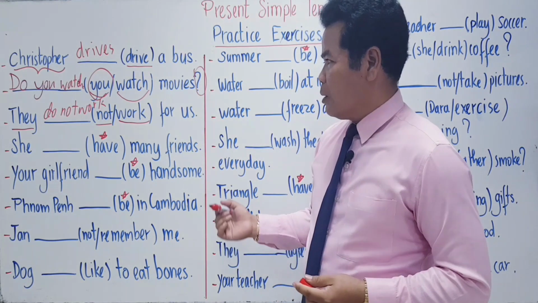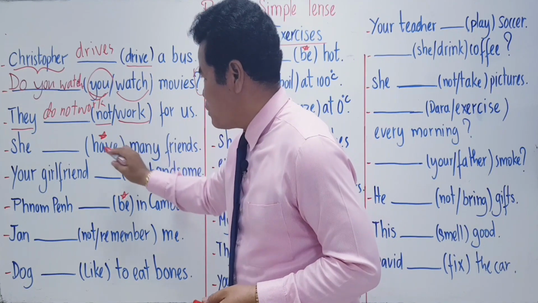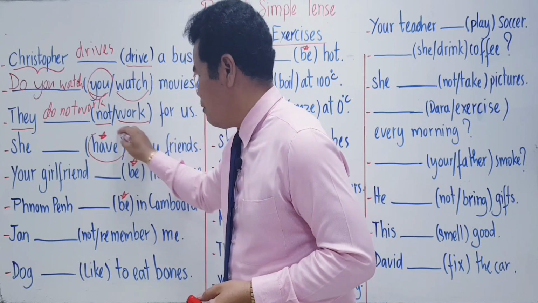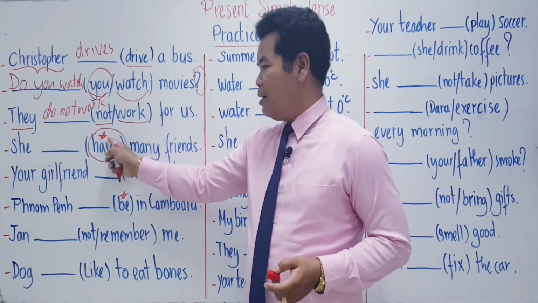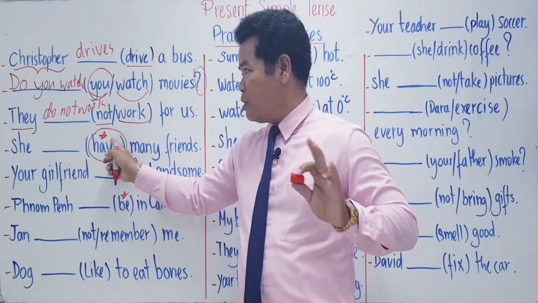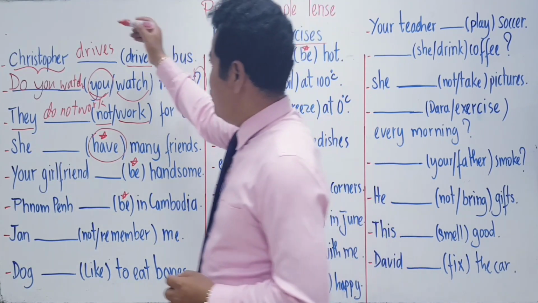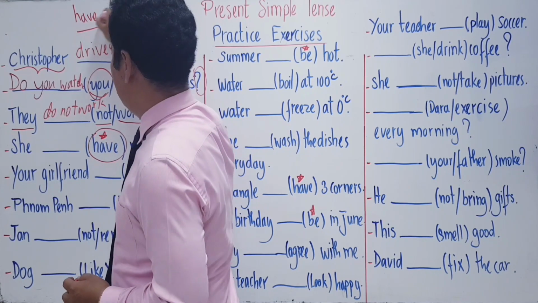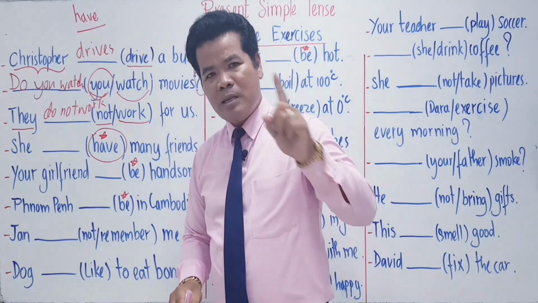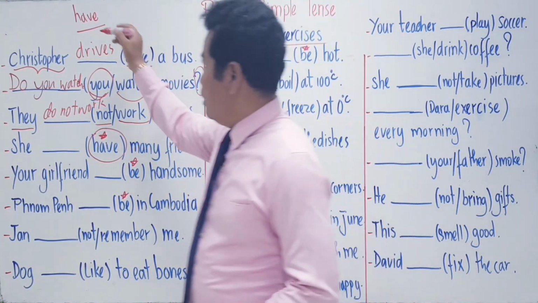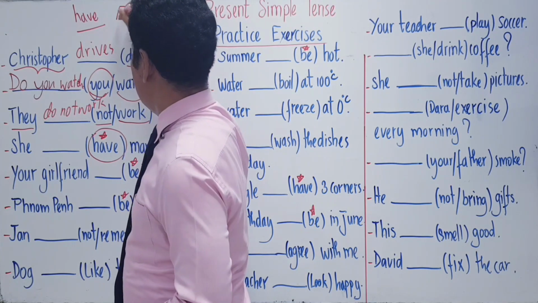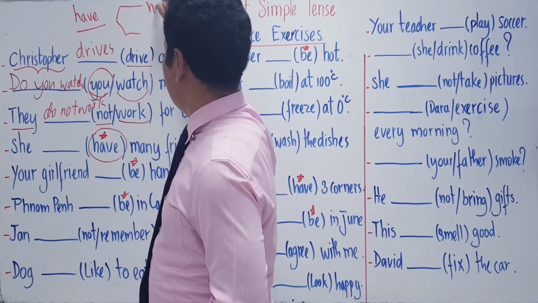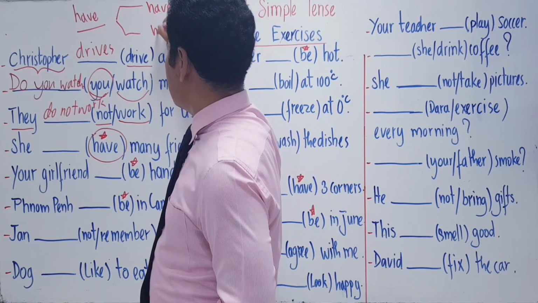In the meantime, I'm also going to explain to you about the verb to have. I can use a star as a notice for you. When you use the verb have, you think about the subject. Have can be divided into two, have and has.